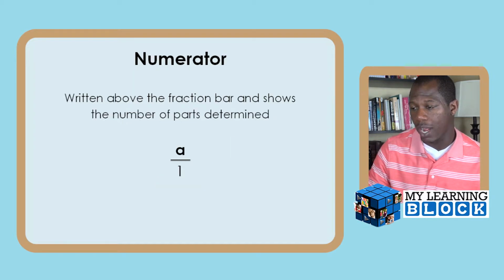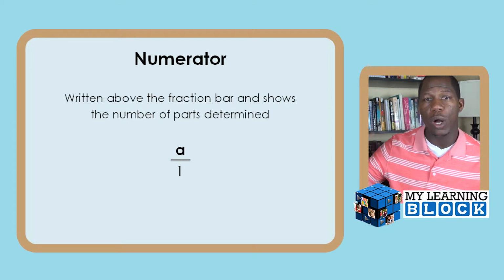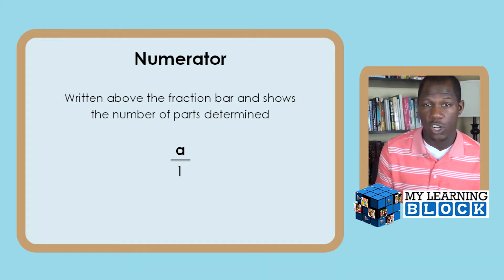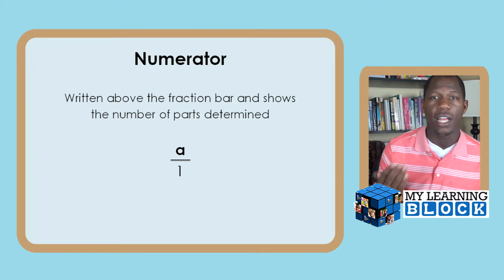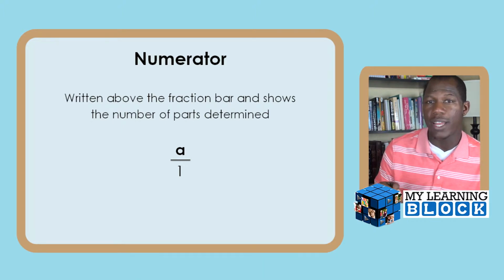Now it is time for our numerator. Your child can understand the numerator because it's written above the fraction bar, and it is the number of parts determined. So it's the selected amount of parts. If I said 1 out of, that 1 is the number selected out of the denominator.